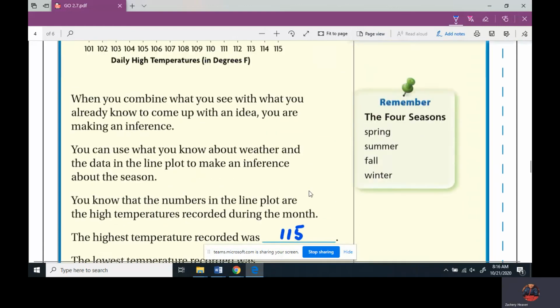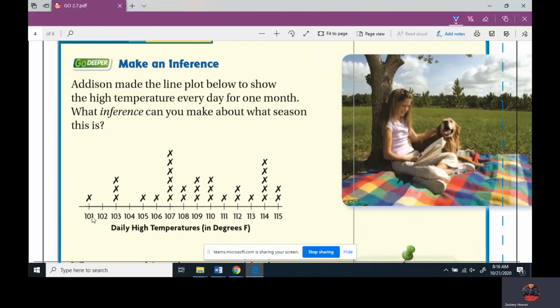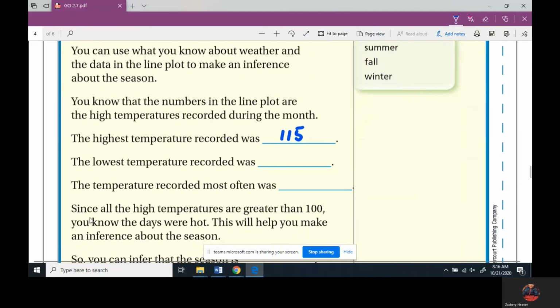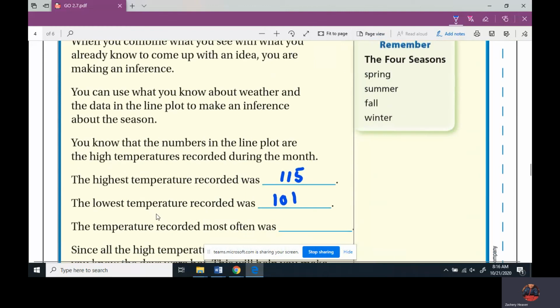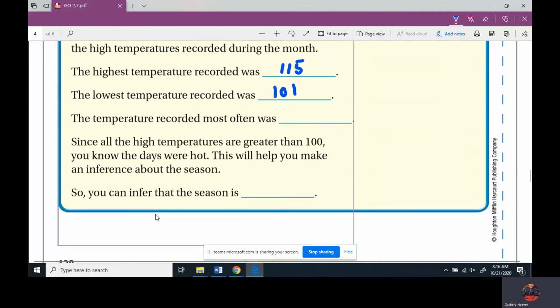The lowest temperature recorded is not the ones with none. It's the bottom. It's 101. And the temperature that was recorded most often, now you look at your X's, and that's 107. So since all of the high temperatures are greater than 100, you know that these days are pretty hot. So we can take a guess, and we kind of know that the season will be summer. The season will be summer.